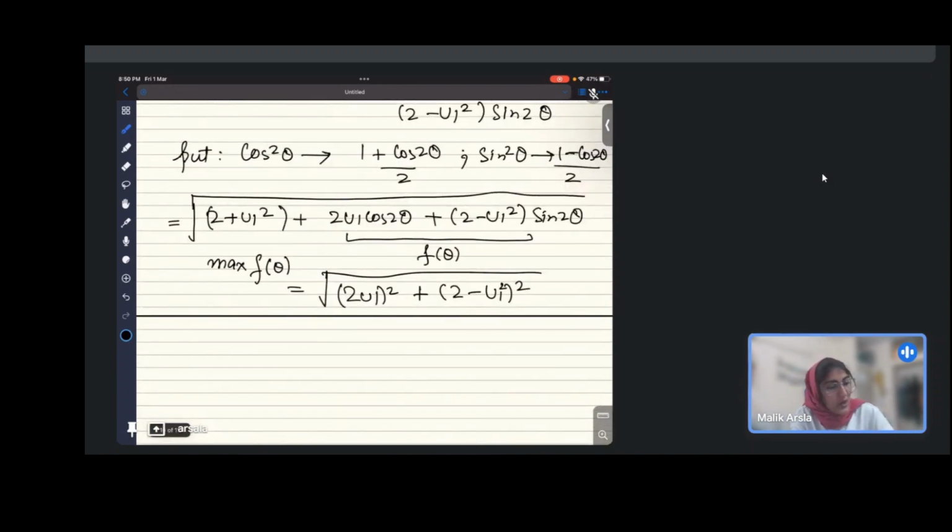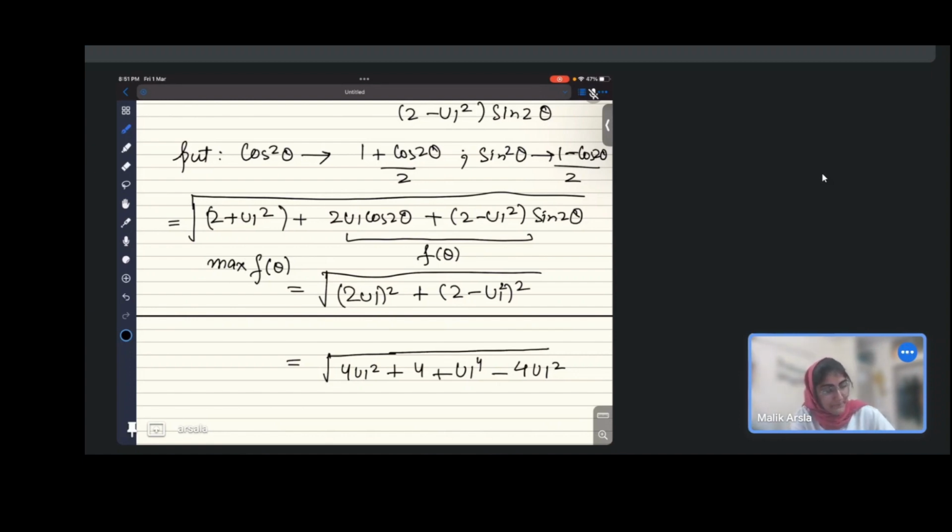Now as you simplify this, it will be 4 u1 square plus 4 minus u1 to the power 4, plus 4 u1 square. I think I made a sign mistake: it will be 4 u1 square plus 4 minus 4 u1 square plus u1 to the power 4.